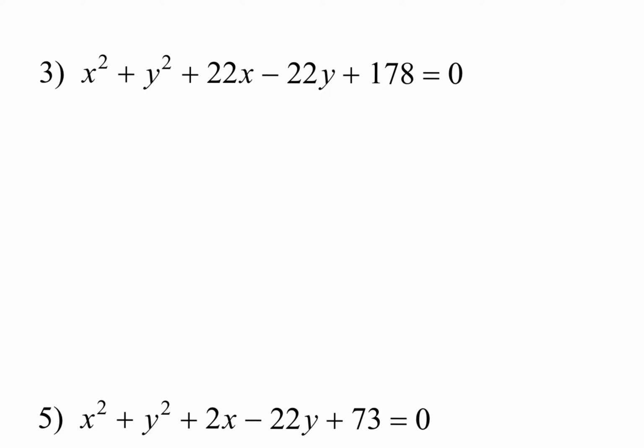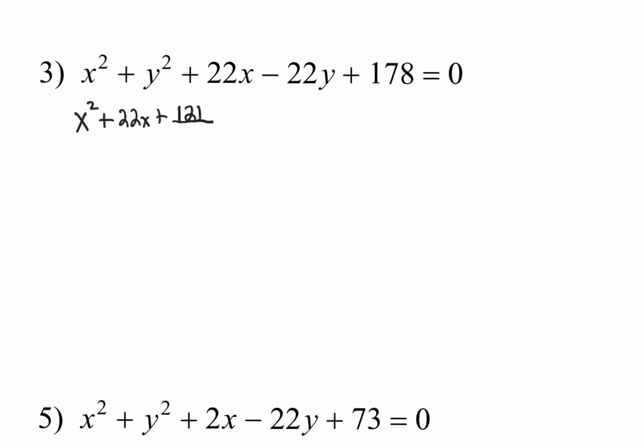So we've got x squared plus 22x plus something. And if you want to put that plus something in there right now as you're going along, you certainly can do that. Half of 22 is 11 squared. Would it be like 121? It would be. So 121.